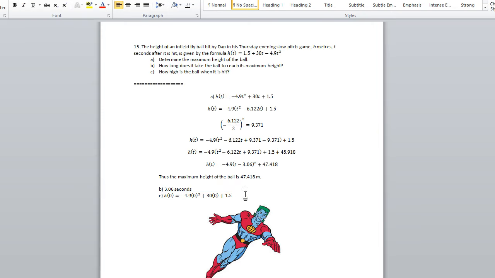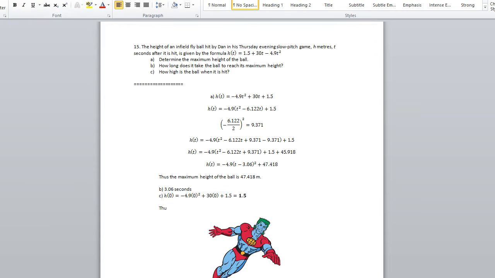So this one here equals 1.5, like so. Initial height of the ball was 1.5 meters. And that's all there is to it.